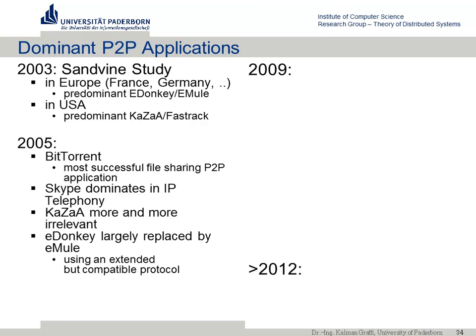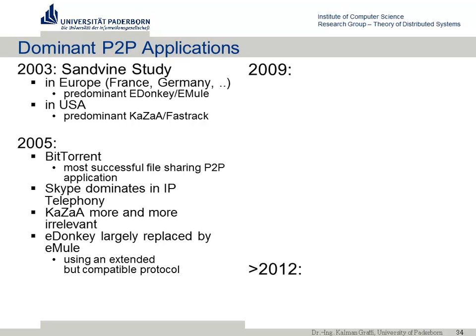With BitTorrent, the file is split in smaller parts, and during my download time of smaller parts, I can already upload some other parts, so that increased the speed of file sharing quite well, and it's still almost not changed since then. It's also used by World of Warcraft to disseminate the updates, and people use file sharing nowadays for Ubuntu or Linux distributions. But BitTorrent is still very popular.